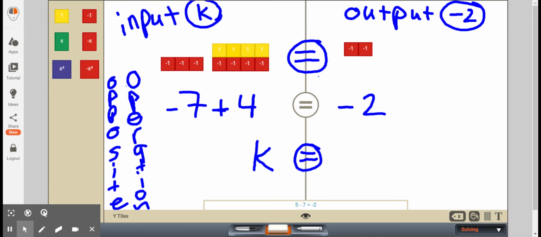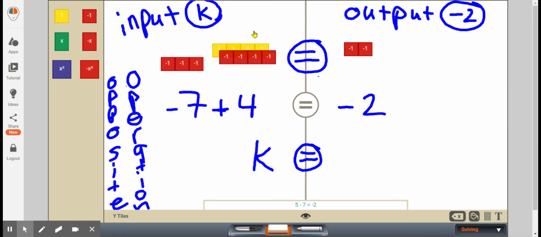Okay, so I'm just going to look at a quick example here. Now, let's say we didn't guess the correct answer to put in there for the variable. So instead of -6, what if we put in -7? So -7 plus 4. So we have our positives and negatives. We make 0 pairs with all of those. And those delete.